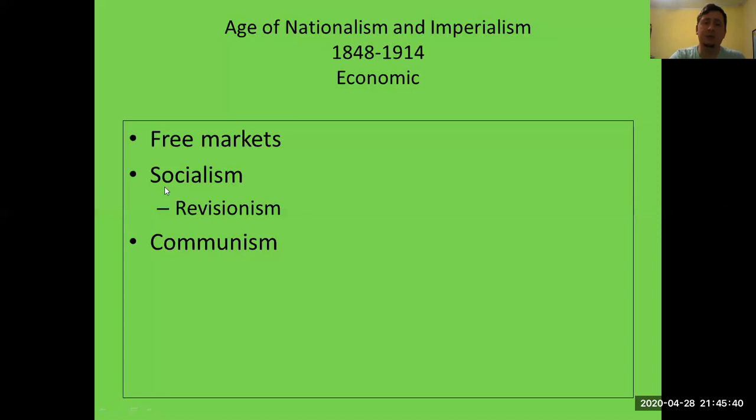And so communism is going to be a force that is growing in the late 19th century, that is going to take hold and grow exponentially in the 1900s. But that's a conversation for a different day.